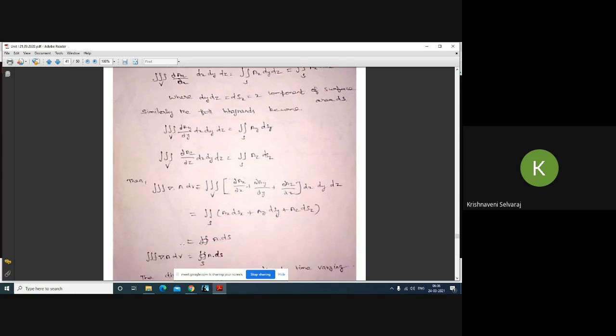So we get the equation: the volume integral of del dot A dv is equal to the volume integral of ∂Ax/∂x plus ∂Ay/∂y plus ∂Az/∂z dx dy dz.